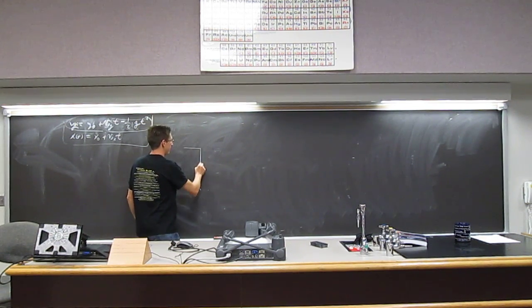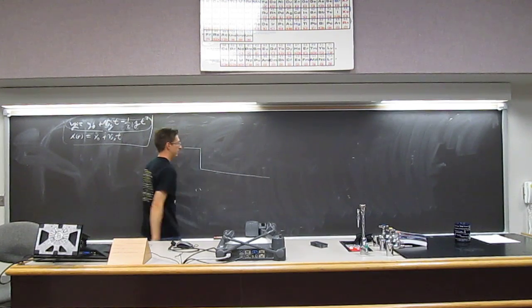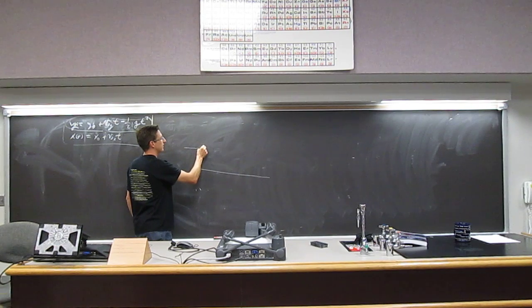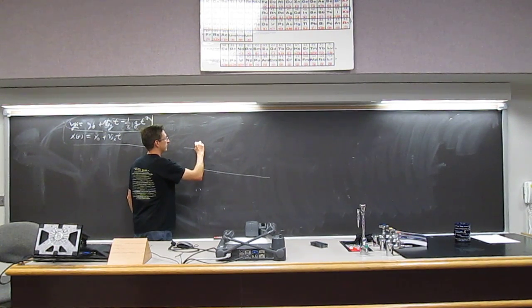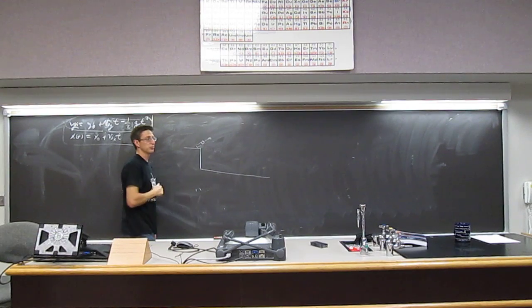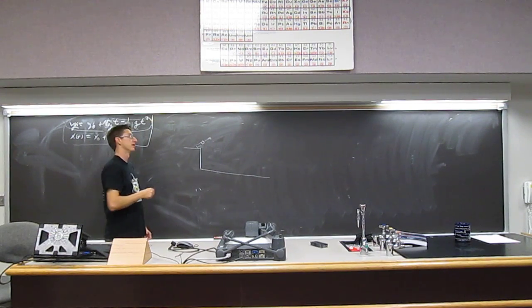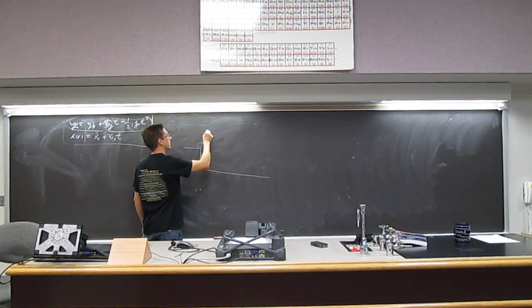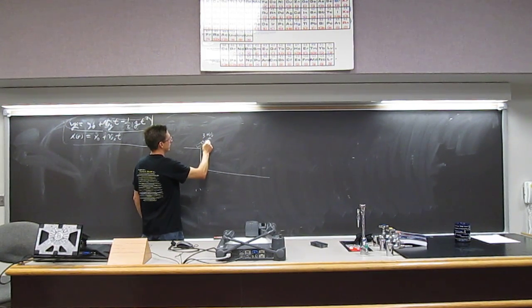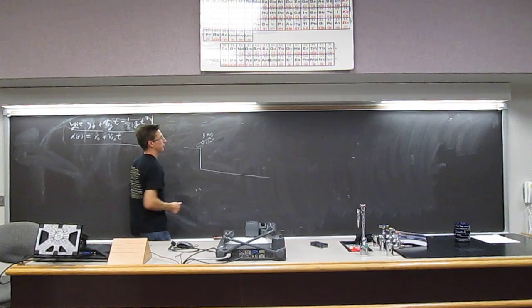So let's suppose I have a table, and I have a cannon that's elevated, or a little cannon, so that it fires the ball at an initial speed. Let's do something pretty small here, maybe 3 meters per second, at an angle of 30 degrees with respect to the horizontal.